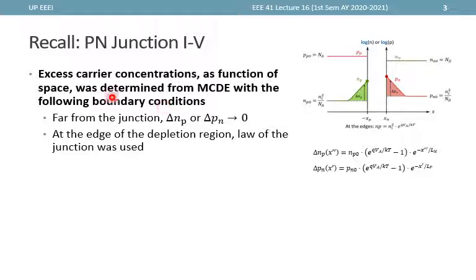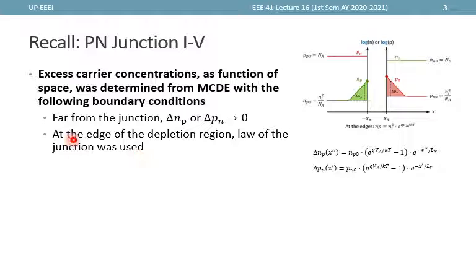Far from the junction, the excess carrier concentration is assumed to be 0. So far from the junction, there is no excess carrier concentration, and the actual n sub p is simply np naught. And at the n side, pn is simply pn naught. So there are no excess carriers.